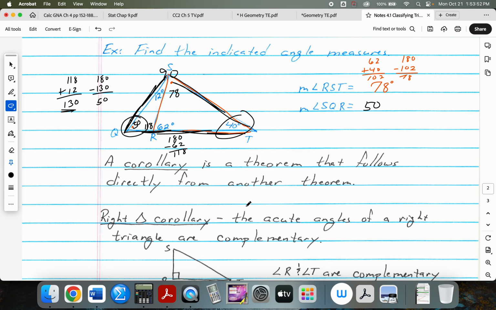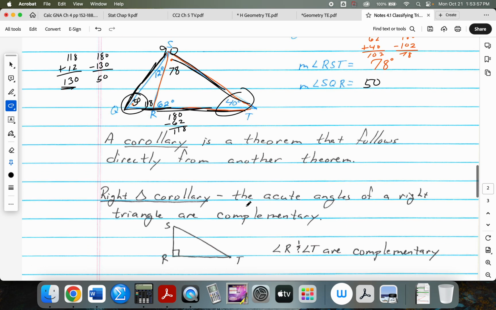That's a theorem that follows directly from another theorem. This one you don't have to use very often to solve problems, but smarter people use it all the time because it's faster. What it says is that the acute angles in a right triangle are complementary. If you know you have a right triangle, the two acute angles have got to add up to 90.